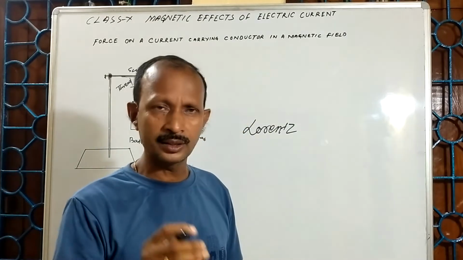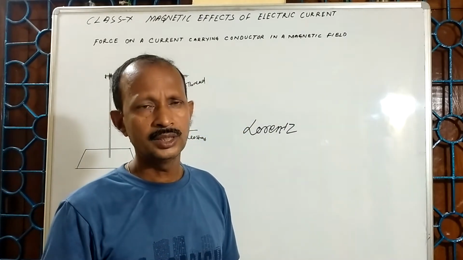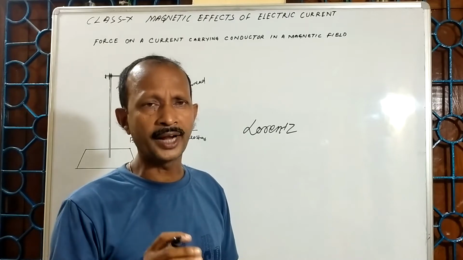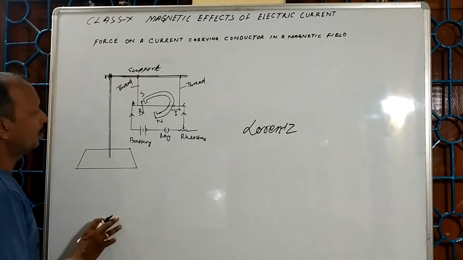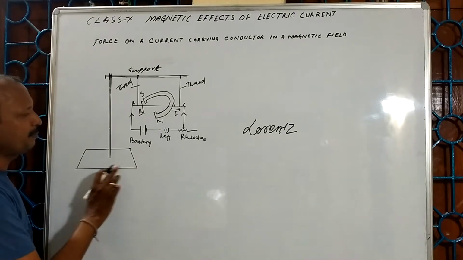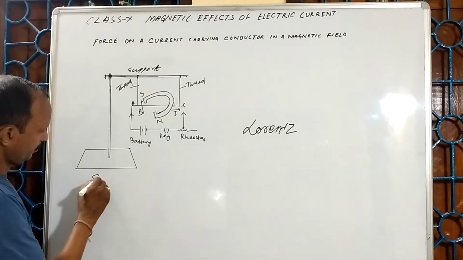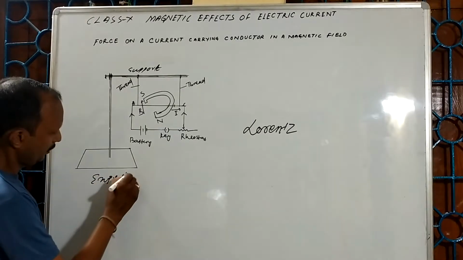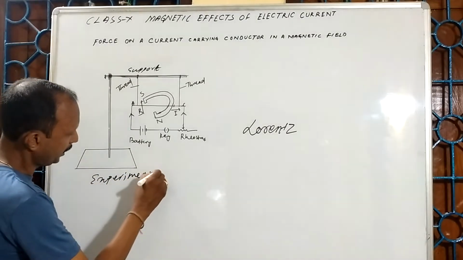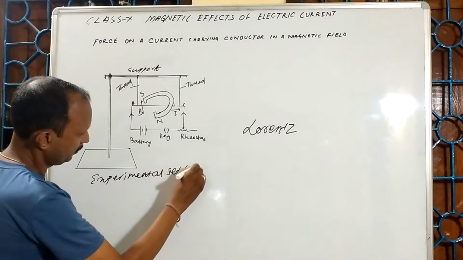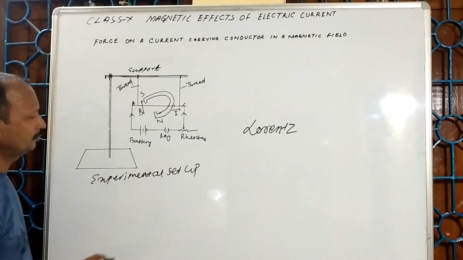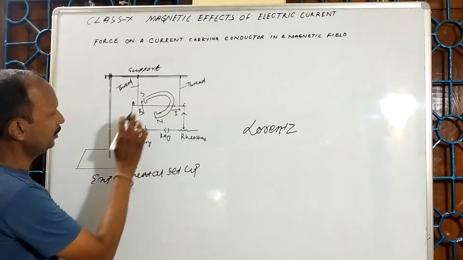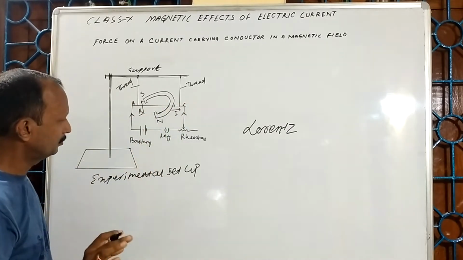How it is, let us try to understand through a small activity. So this is an experimental setup. This is the supporter, this is the stand. I have suspended one electric wire.